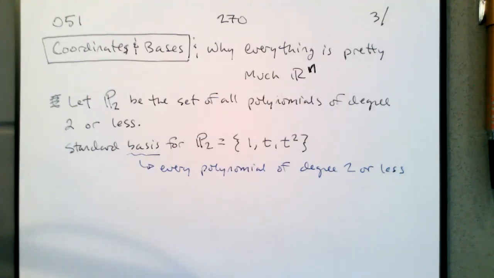It's a basis, that means it has to be a linearly independent spanning set. So every polynomial of degree 2 or less is a unique linear combination of these three polynomials.